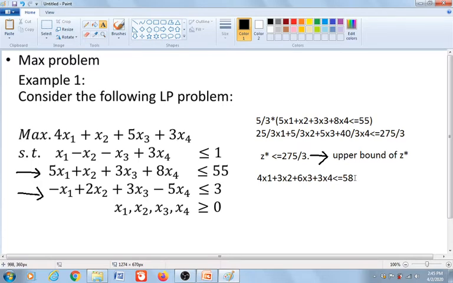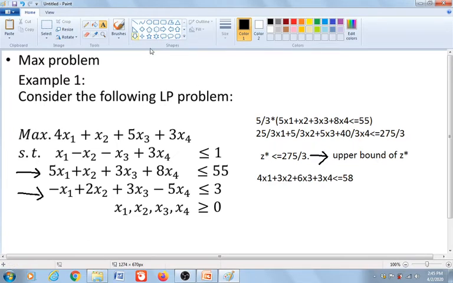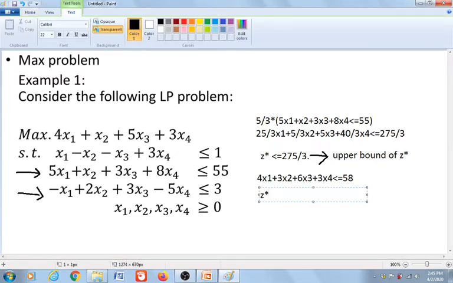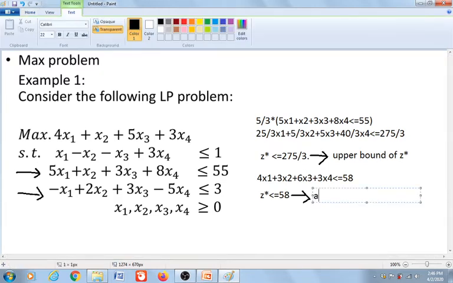So we can say that if we solve the original problem and we get the value of z star, that value must be less than or equal to 58. So this 58 is another upper bound of z star, and it is a better upper bound.